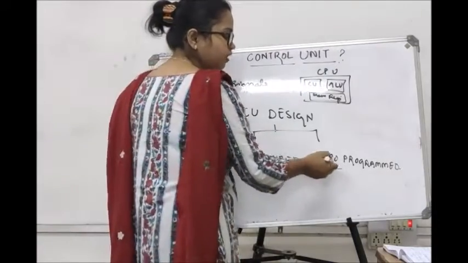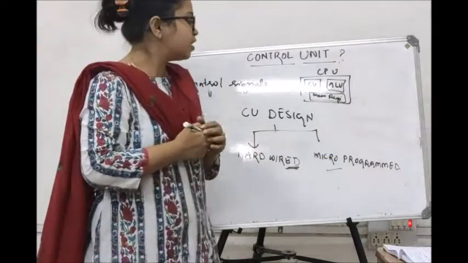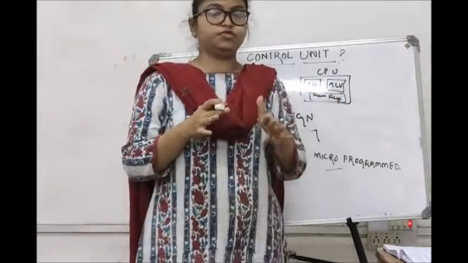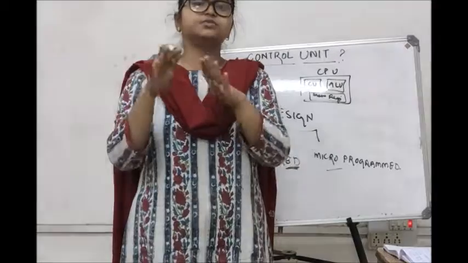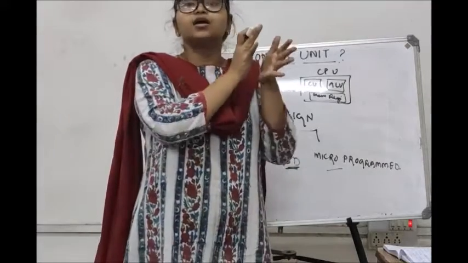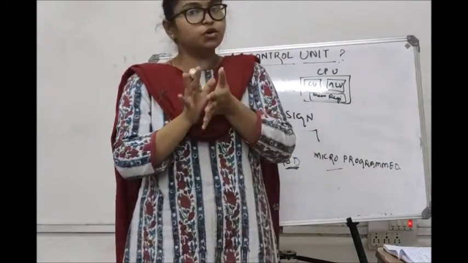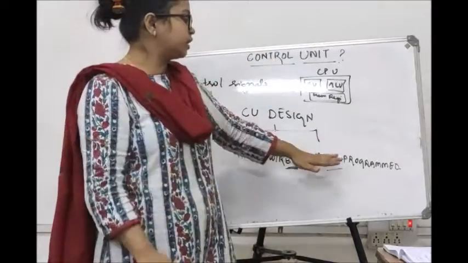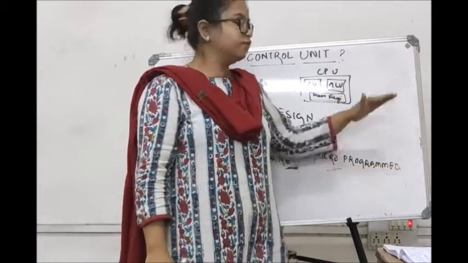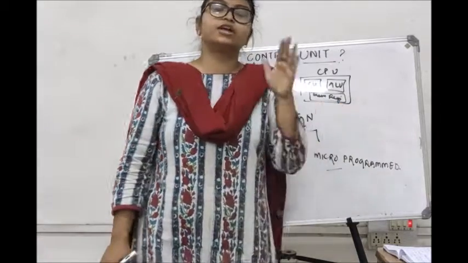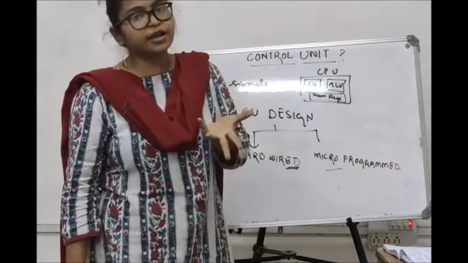In a microprogrammed control unit, we write programs which are stored in memory. These microprograms are stored in a memory called control memory. Microprogramming is more flexible: we can write, edit, and add microprograms.